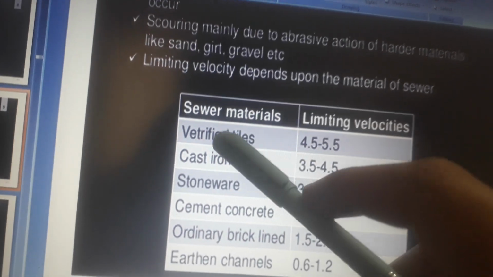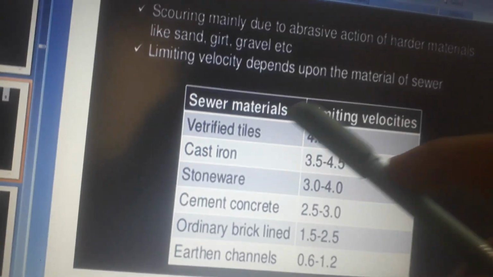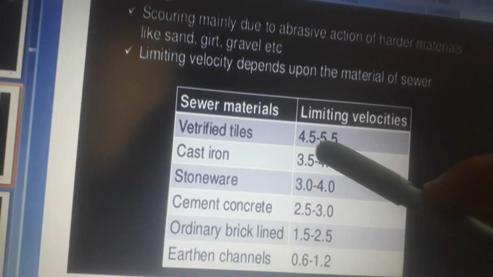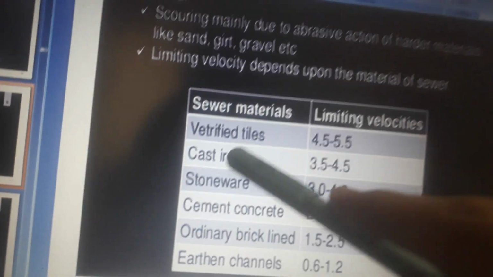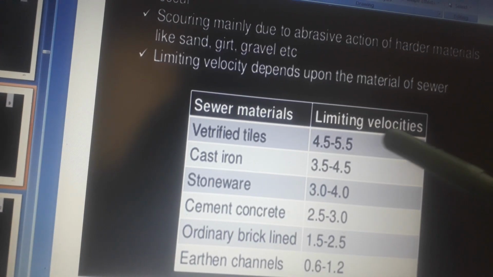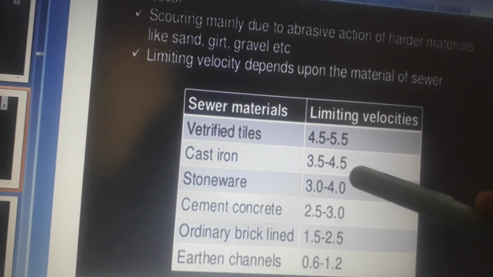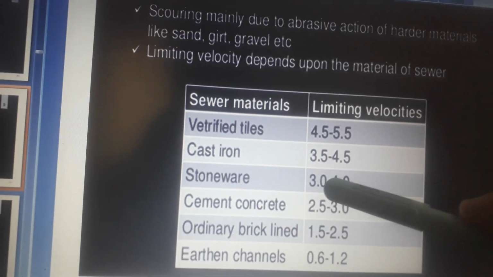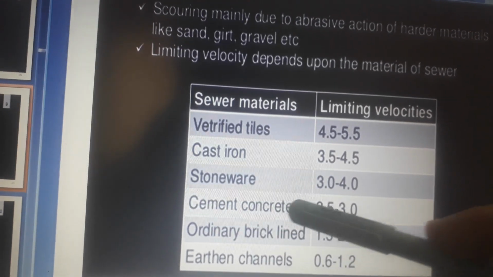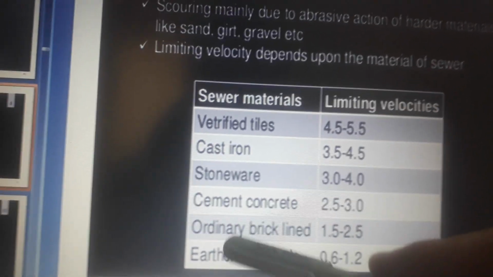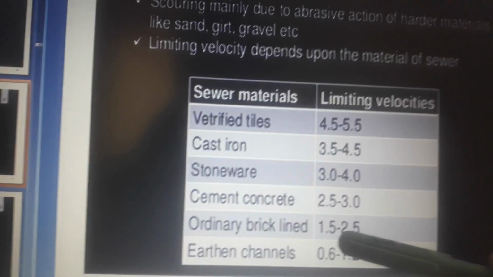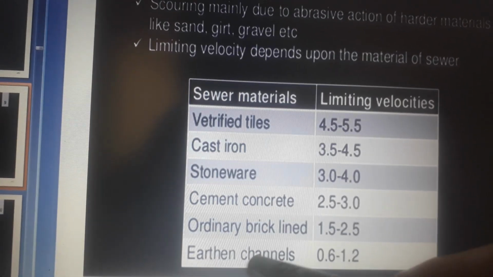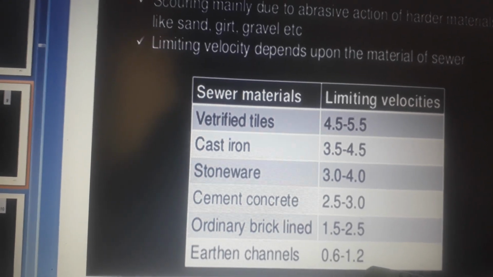Vitrified tiles, limiting velocity 4.5 to 5.5. Cast iron, 3.5 to 4.5. Stoneware 3.0 to 4.0. Cement concrete 2.5 to 3.0. Ordinary brick lined 1.5 to 2.5. Earthen channels 0.6 to 1.2.